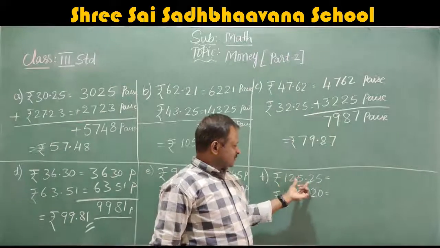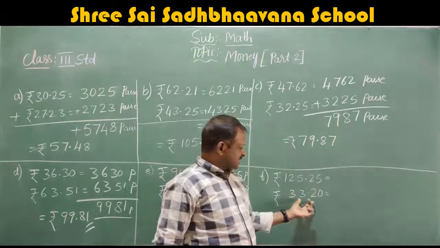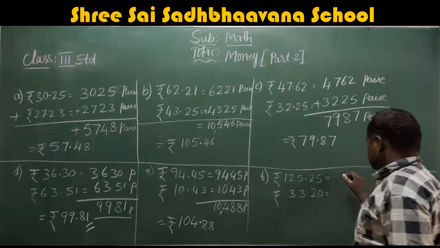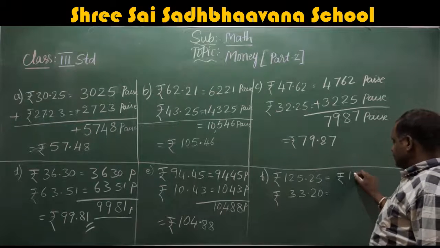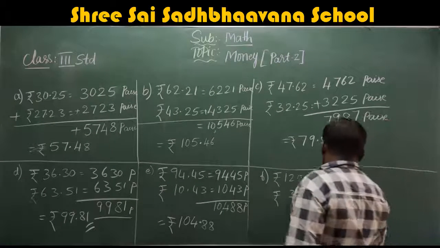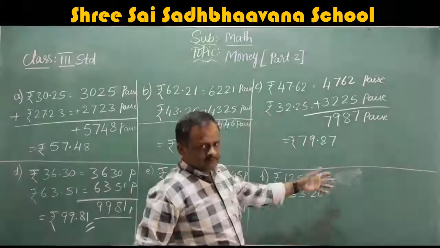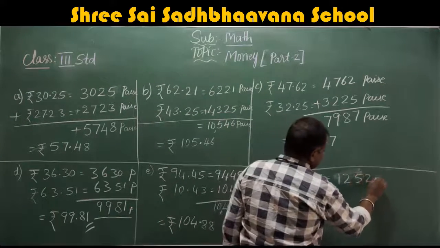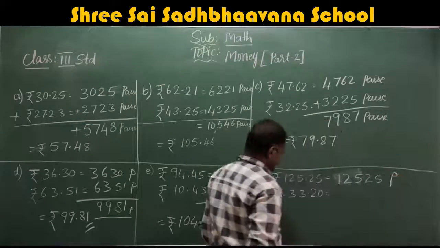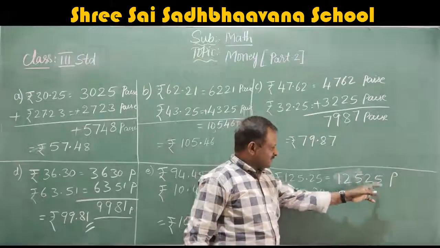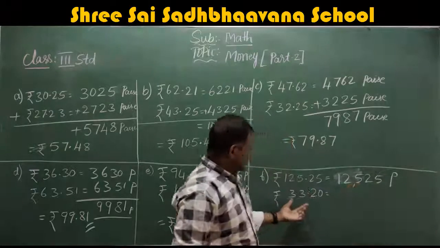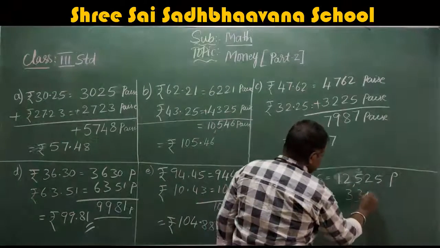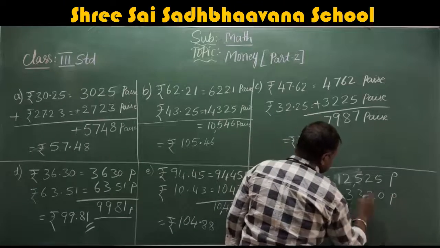Come to here, rupees 125.25 and rupees 33.20. Convert into paise. So this can be written as 12,525 paise. This rupees 33.20 can be written as 3,320 paise.